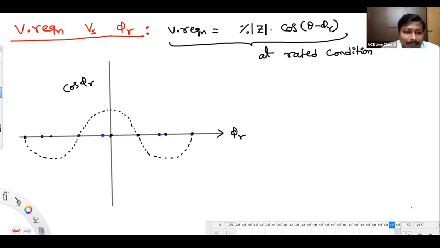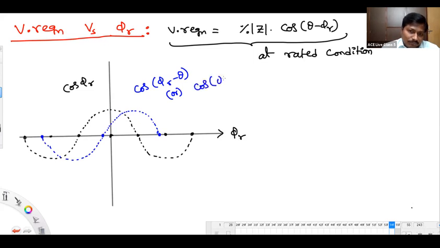By shifting it, you might get something like this. This is cos of (phi r minus theta). But cos of (theta minus phi r) is also the same thing.